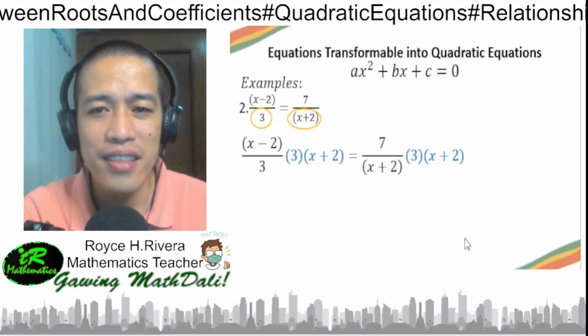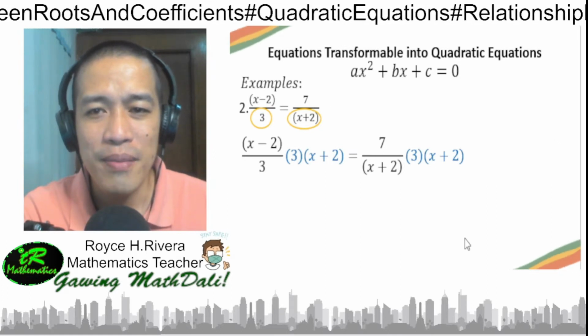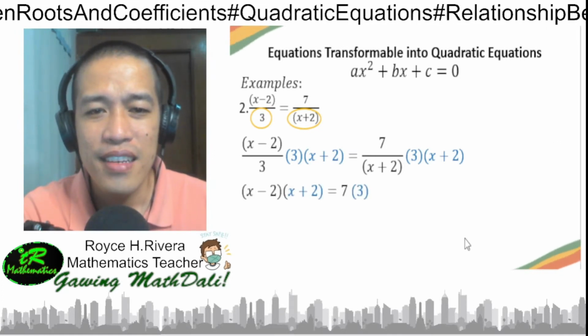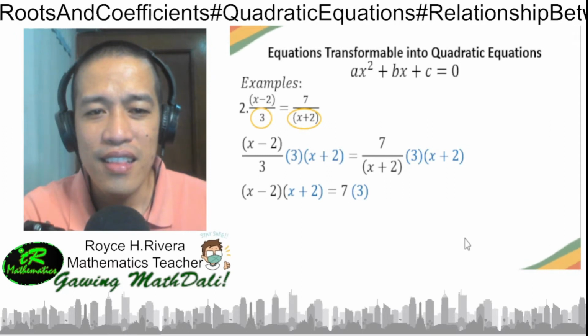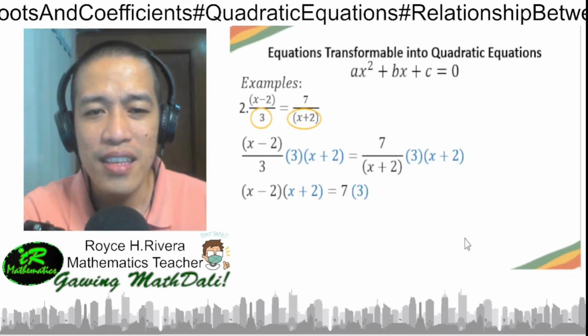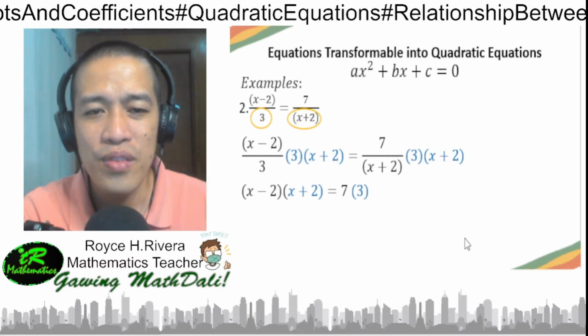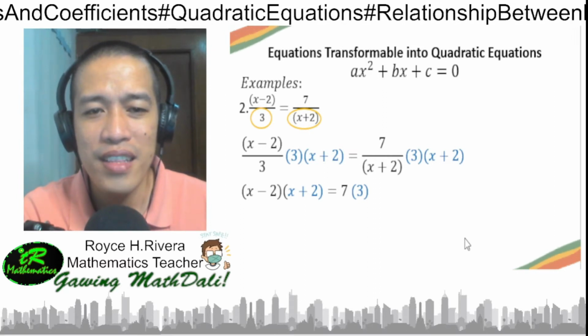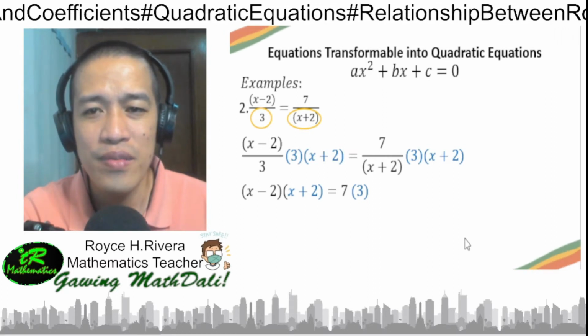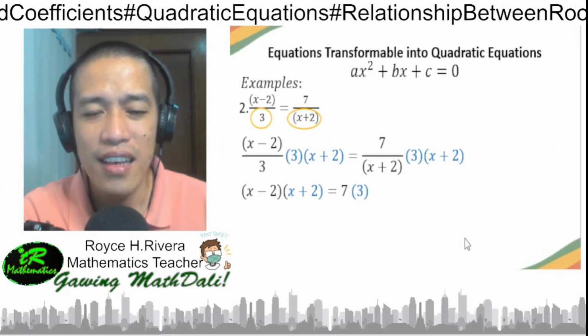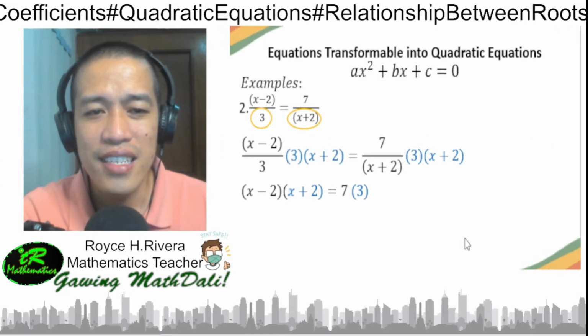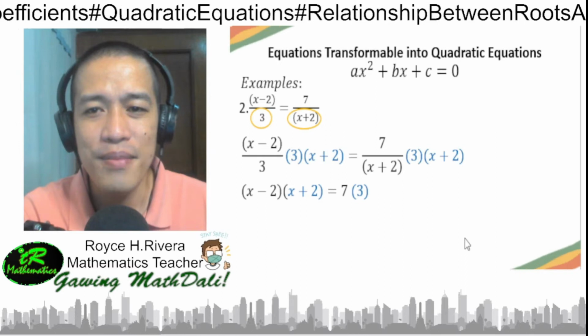So the result will be at the left side of the equation x minus 2 times the quantity x plus 2. At the right side, 7 times 3.